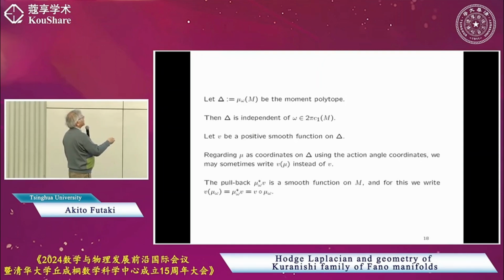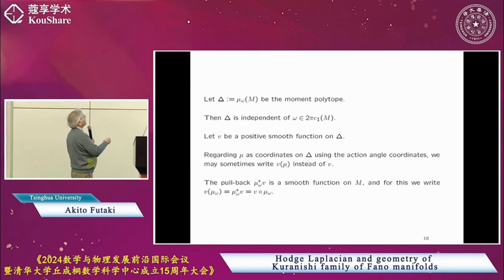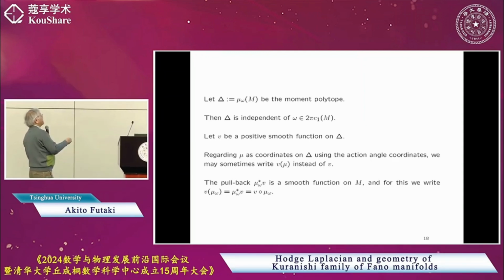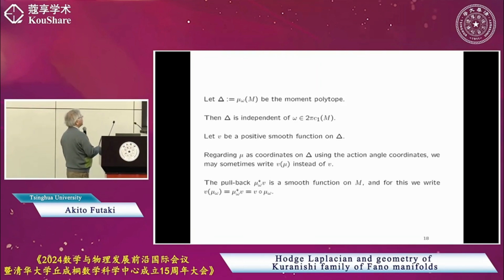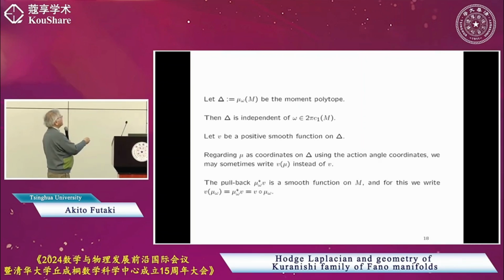Let V be a positive function of delta. Then, using action angle coordinates, we regard V as a function of mu. Mu is the moment map, but mu can be used as coordinates on the moment map image.